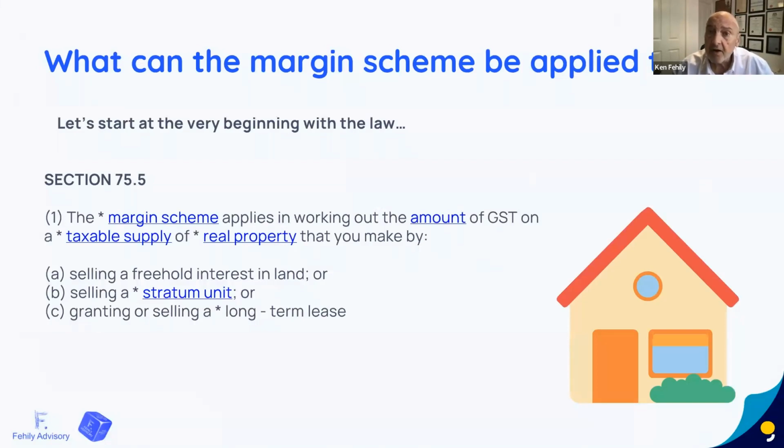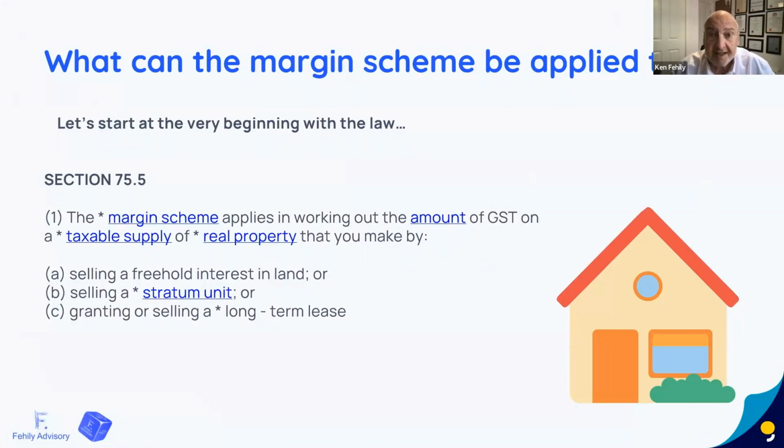The margin scheme, and this is not going to be a lecture. I don't give seminars. I'm going to tell you stories and explain it to you so you feel comfortable in being able to understand it. But I will repeat some of the legislation because when we wrote the law, we tried to write it in simple terms so you don't have to be Mr. GST to be able to explain it, to understand it.